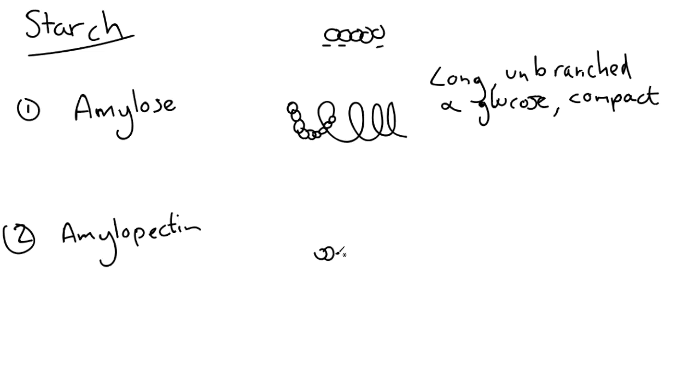So if I was to draw my circles first, my attempts of circles, here's all my alpha glucose. So again, it's alpha glucose, but it has branches coming off it. Okay, so carry on with my line. It has branches like so. Okay, so this means it's another long chain. However, it is branched.